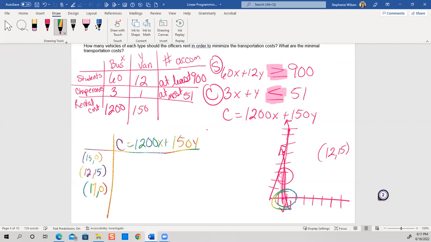And when we plug it in, I get 1,200 times 15. So I get 18,000. I'm going to plug this in here.